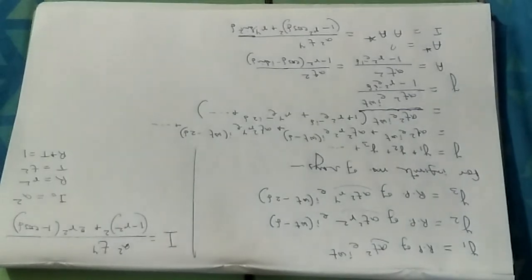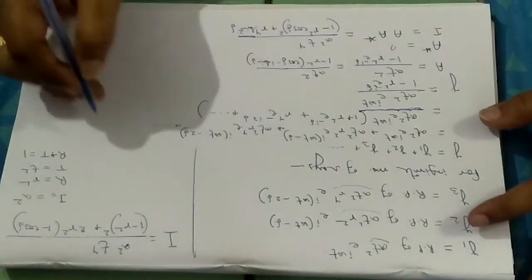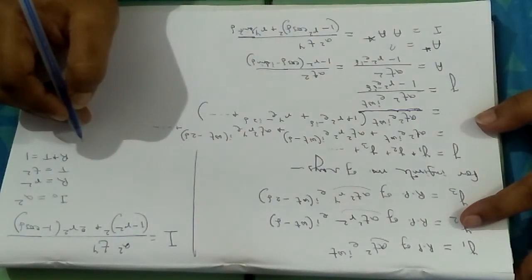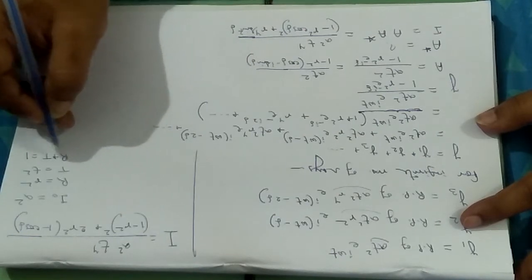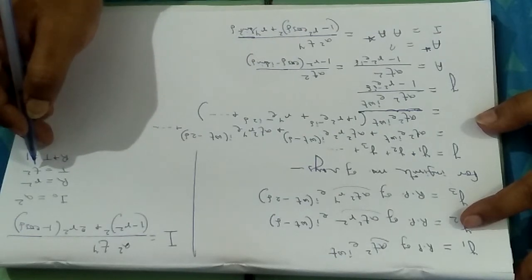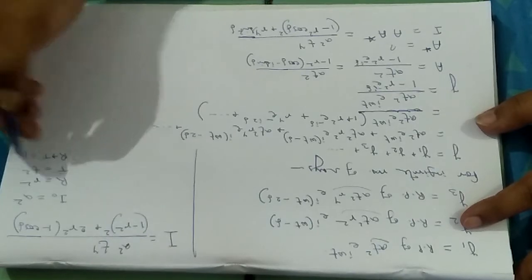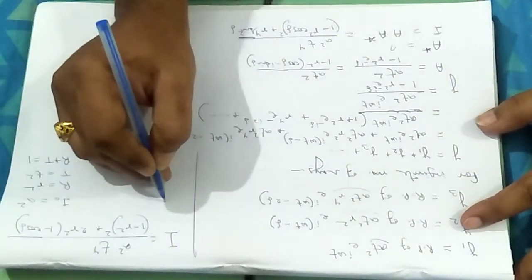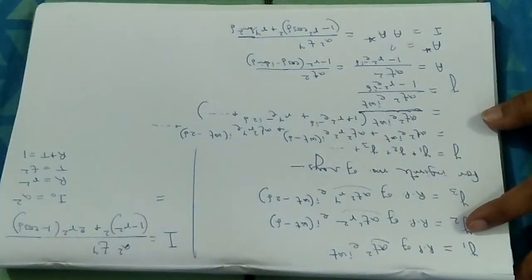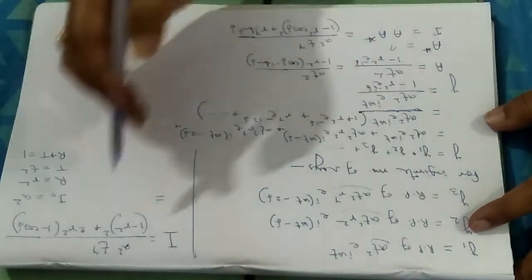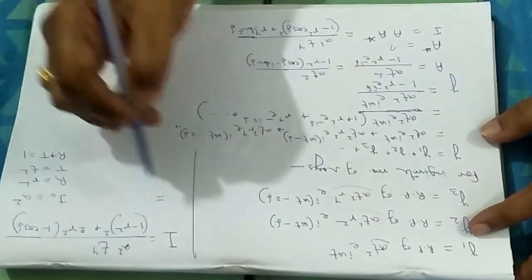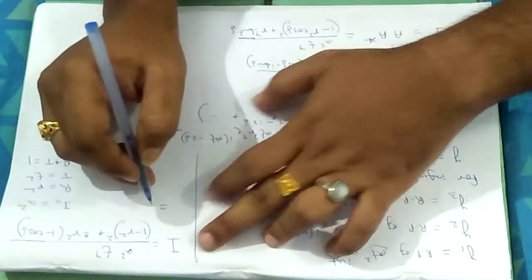This value will always be unity. So instead of this t square, you can write 1 minus r square. So t to the power 4 can be replaced with 1 minus R whole square.